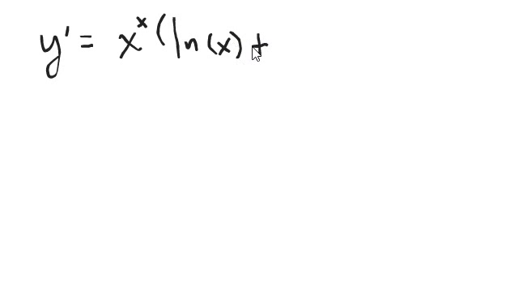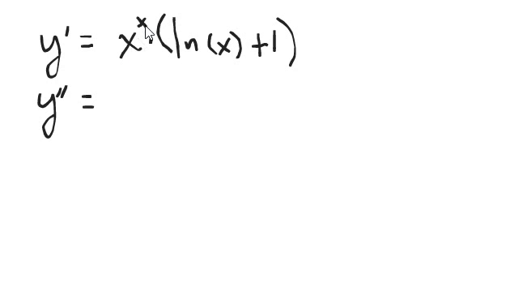Alright, and of course I'm going to need to rewrite this so we can remember what all that was. So this was x raised to the x and the natural log of x plus 1, close parentheses. Now we want to find the second derivative, and so remember we use the product rule here, by the way.